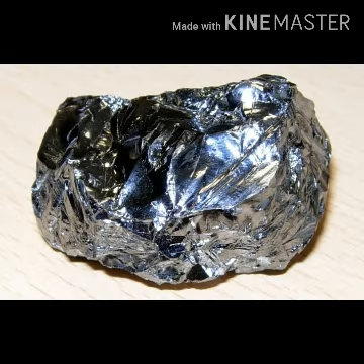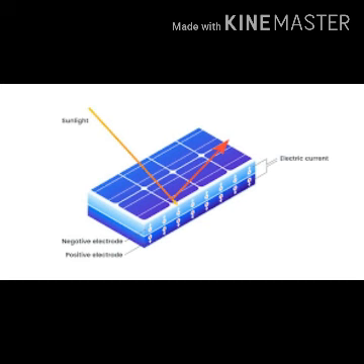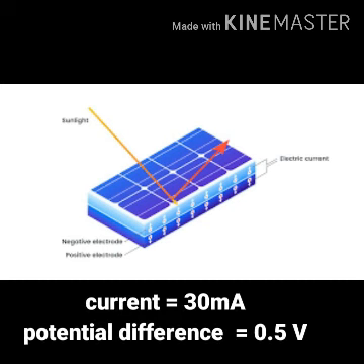A silicon solar cell of dimension 1 centimeter square generates a current of about 30 milliampere and a potential difference of about 0.5 volt.